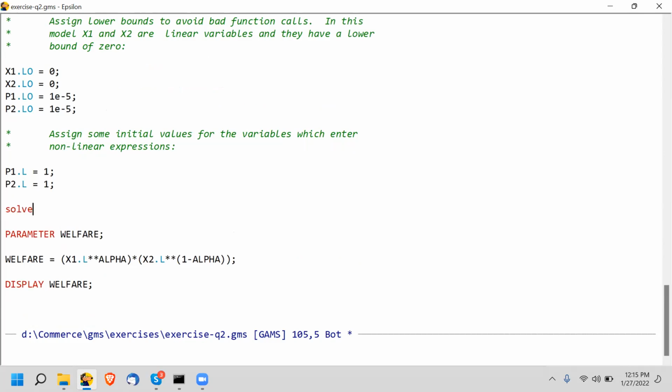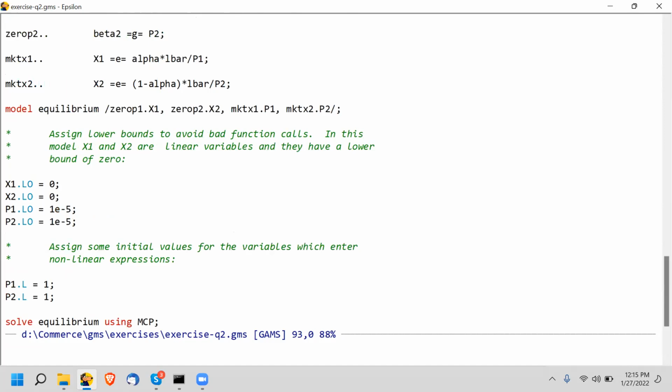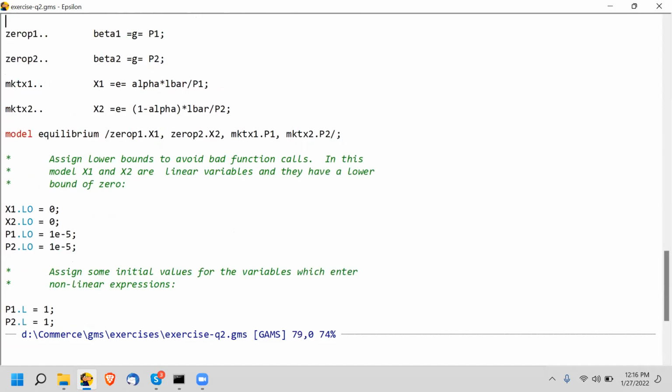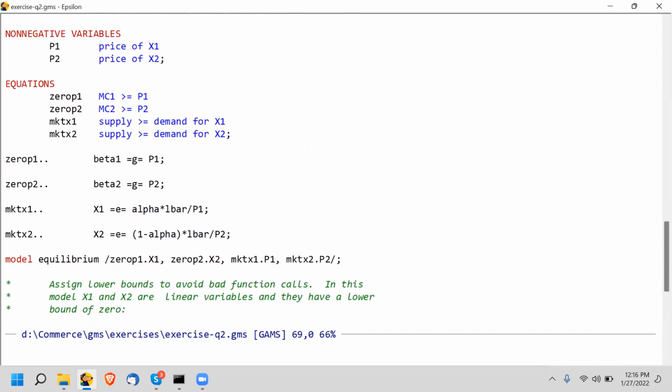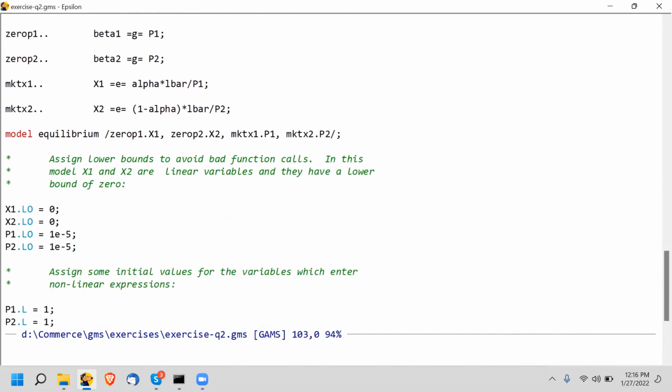Solve equilibrium using MCP. Right? So there are the variables. There are the equations.